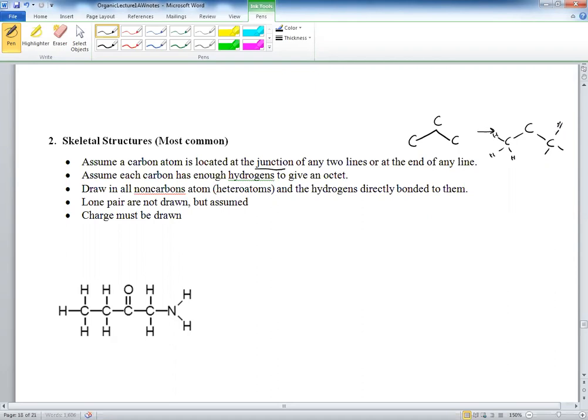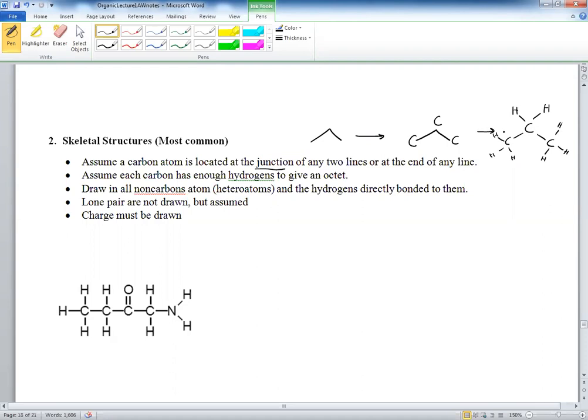Carbon has to have 4 bonds. So we're going to assume, here's the line, you see it, that each carbon has enough hydrogens. So basically the ones at the end, since they have only a carbon-carbon bond, they have to compensate with 3 other hydrogens. And you see them here. Now the one in the middle is going to have only 2, because again, here's 1, 2, 3, 4 bonds. So again, we're not going to show the H's either, but you're going to know that they are there.